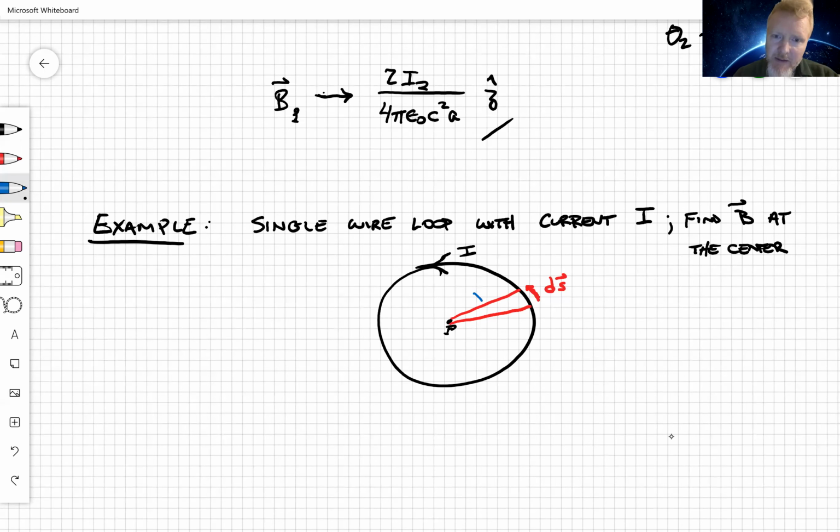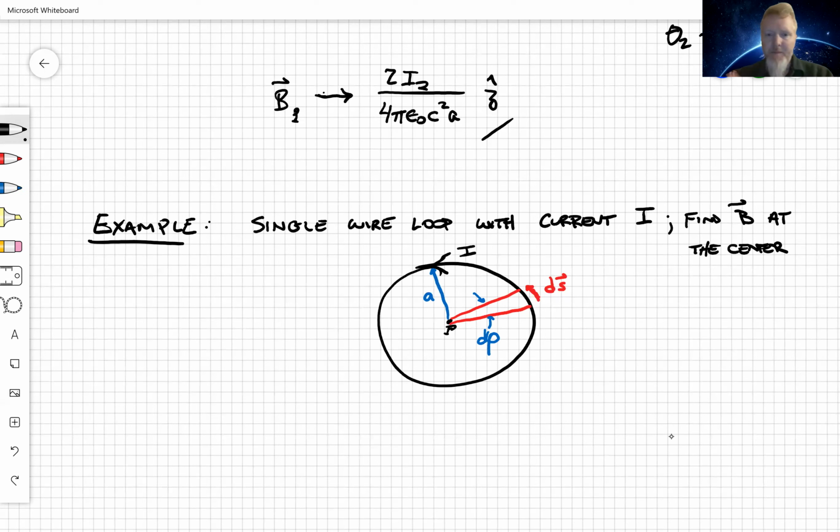So the angle here, I'll call that d phi. And the radius of the circle, a.